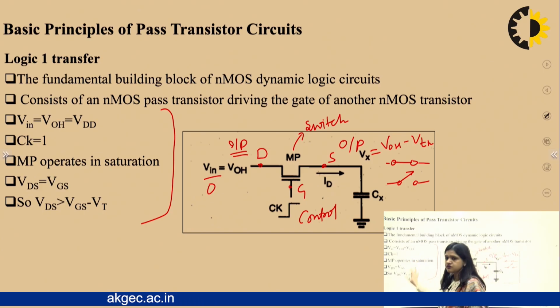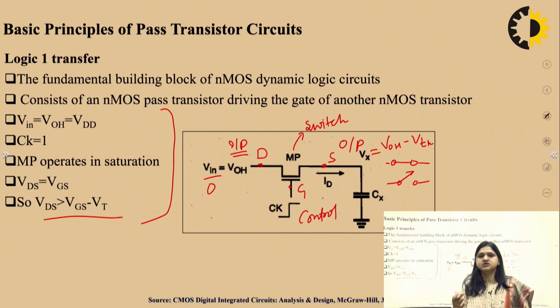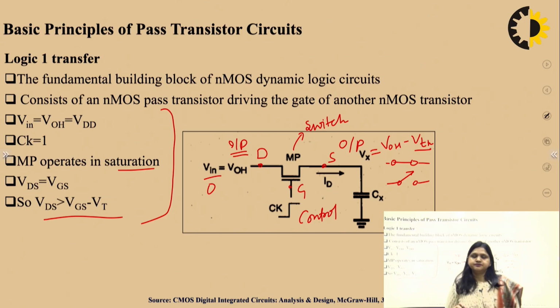You can understand this because of the following situation. We want the pass transistor to operate in the saturation region. To maintain this saturation condition, VDS should be greater than VGS minus VT. So there is always a threshold voltage drop in the output to maintain this saturation region.